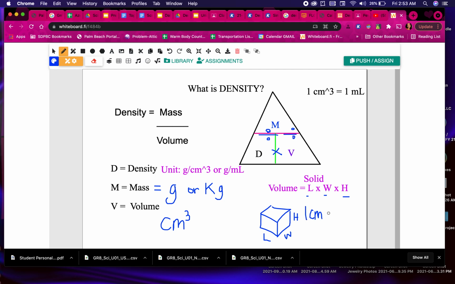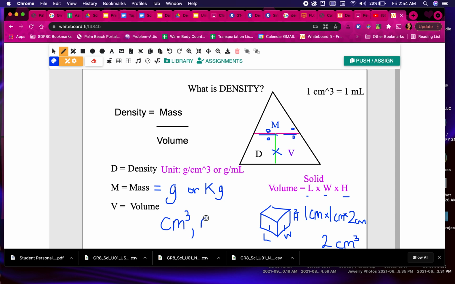Let's say it's 1 times 1 centimeter for width, and let's make height 2 times 2 centimeters for height. You're going to end up with that unit being cubed because you've multiplied it 3 times. It accounts for 3 sides. It would be 1 times 1 is 1, and 1 times 2 is 2 centimeters cubed for the volume of this example.